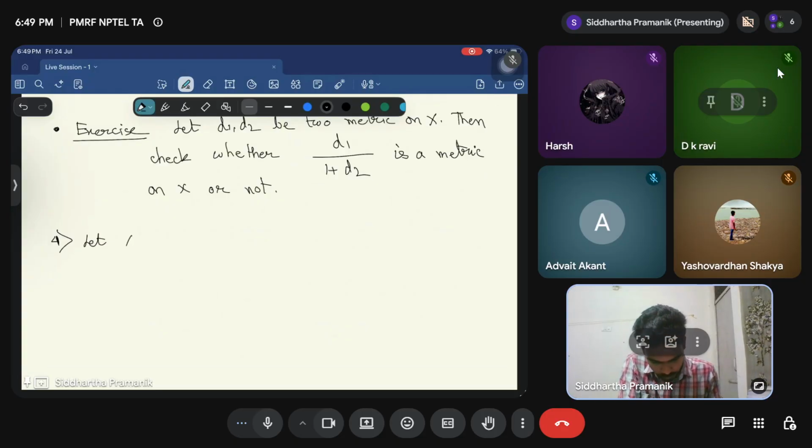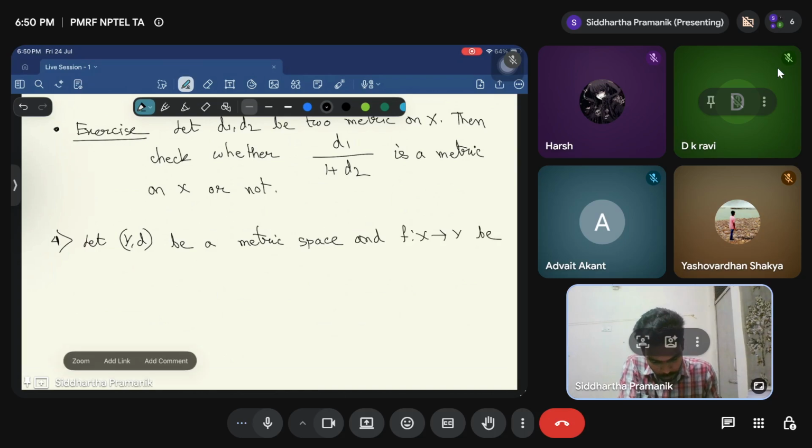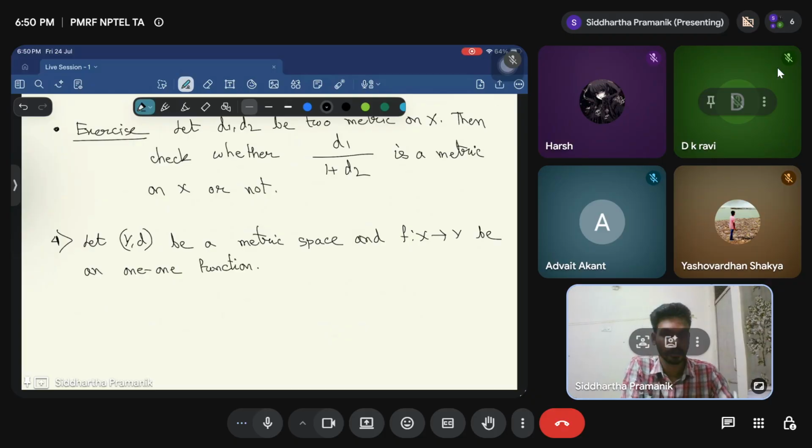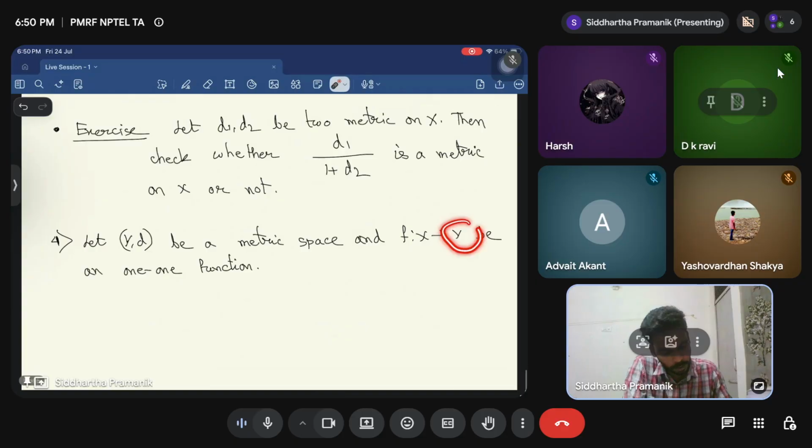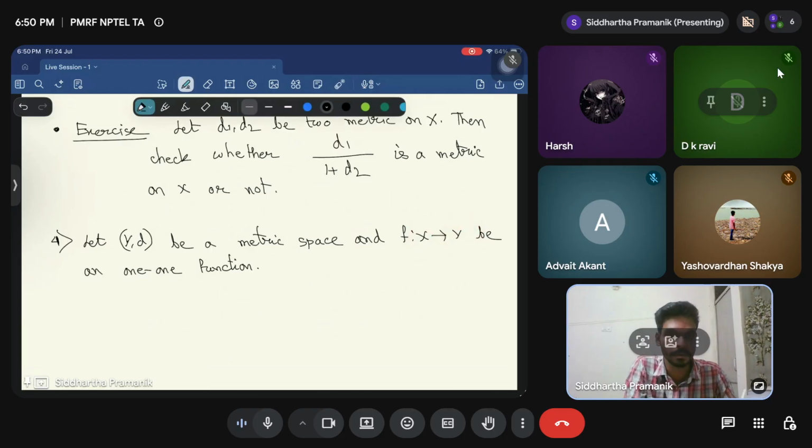So let (Y, d) be a metric space and f from X to Y be a one-one function, just a function. Then using the metric on Y, we will define a metric on X, and this method is very much useful. You will see later also. If you have done a course on metric spaces, you might have seen this.